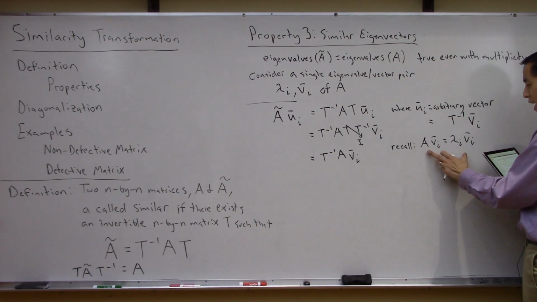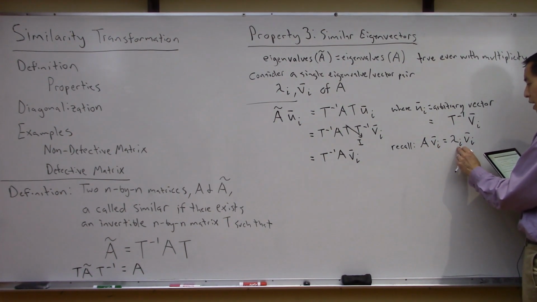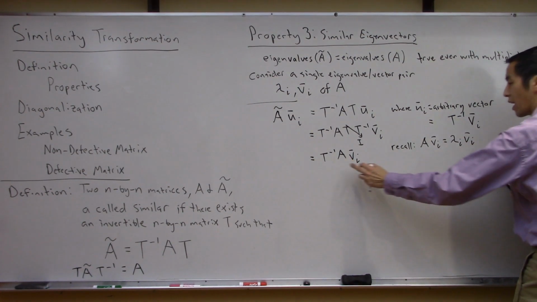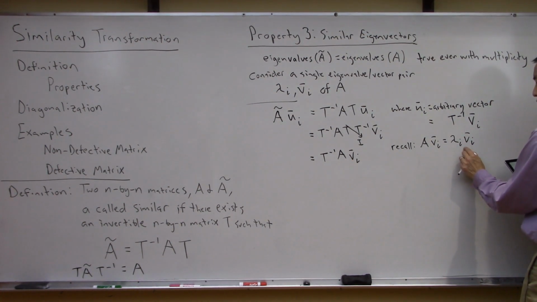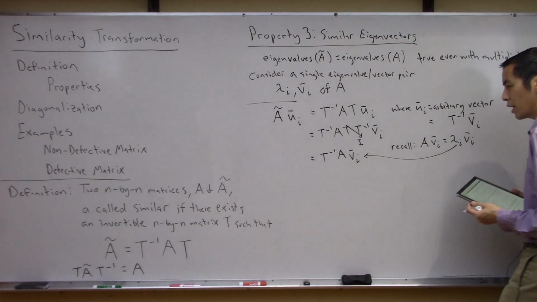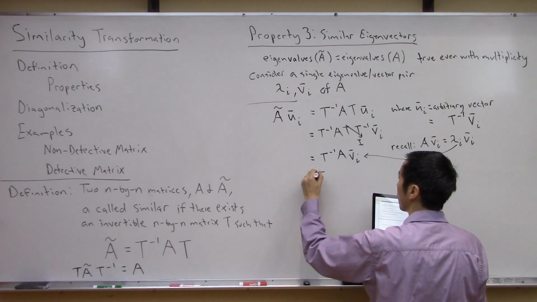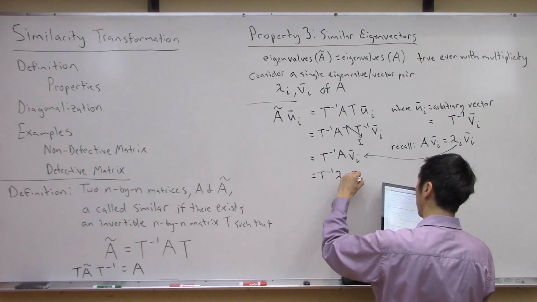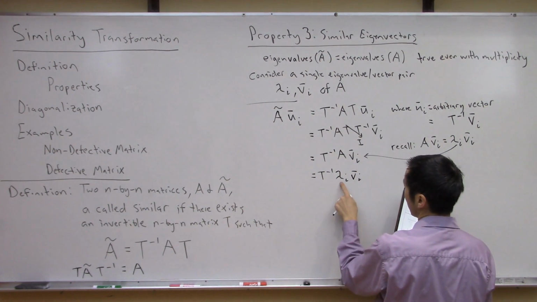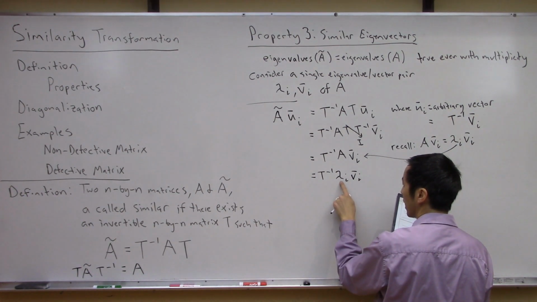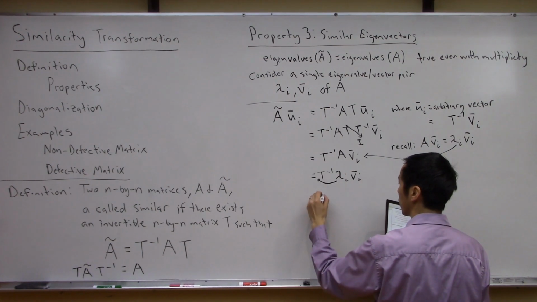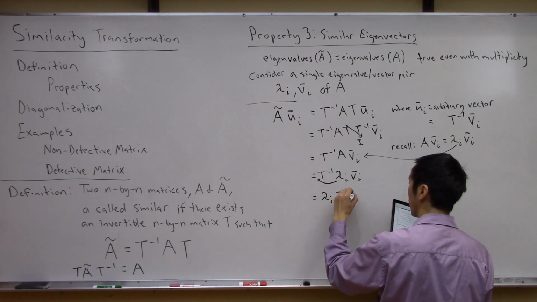This is the definition of the eigenvalue lambda i and its associated eigenvector v i for the matrix A. So I can now plug in that A v i is the same as lambda i v i. We end up with T inverse still hanging around, and now lambda i v i. Since lambda i is just a scalar number, not a vector or a matrix, I can move it to the front with no hassle. So this is the same thing as lambda i T inverse v i.